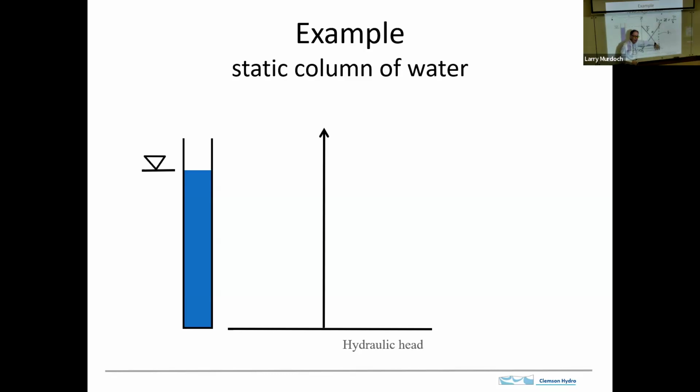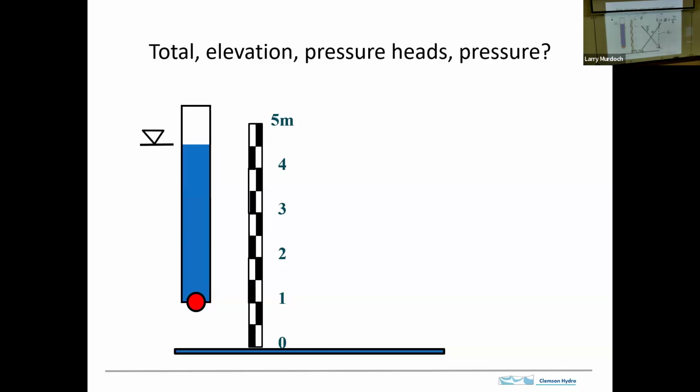It's the same everywhere, so there's no flow because there's no difference in the total head along that column. I think that helps visualize what we mean by hydraulic head, and we can then use that to measure hydraulic head.